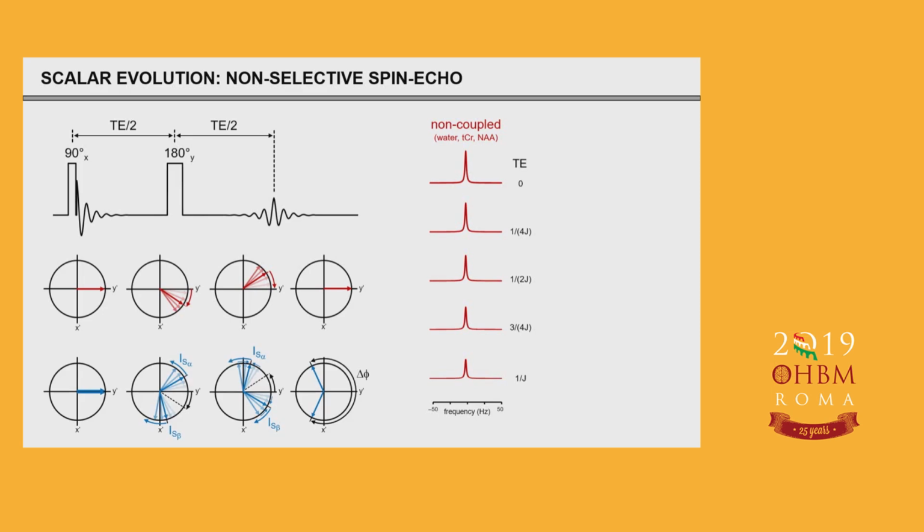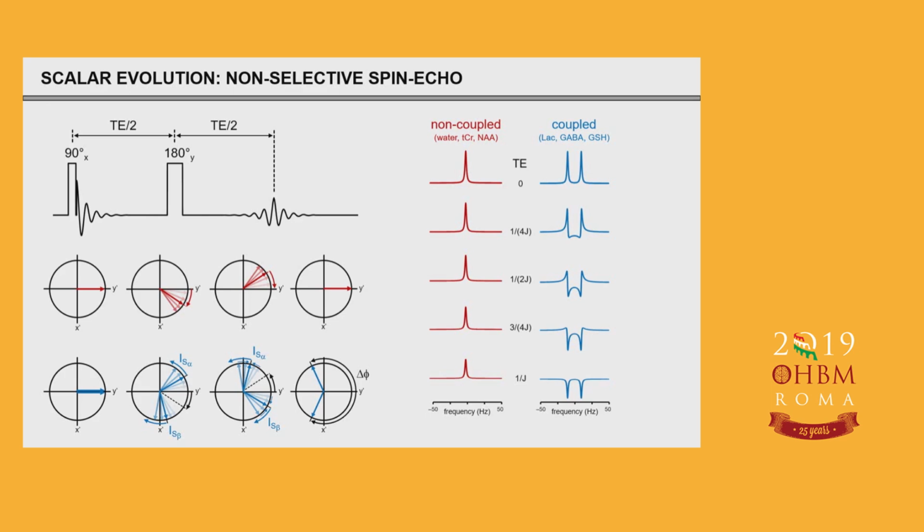Now, if you now have a scalar coupled spin system like lactate or GABA, then you're going to get an interesting effect where the doublet signal, that's how it's called, if you have two signals that are scalar coupled, that's called a doublet. The doublet signal can actually become negative. At the very bottom echo time, you can see that that doublet signal is now inverted relative to a signal from a molecule that doesn't have scalar coupling. And that is something that we can utilize.